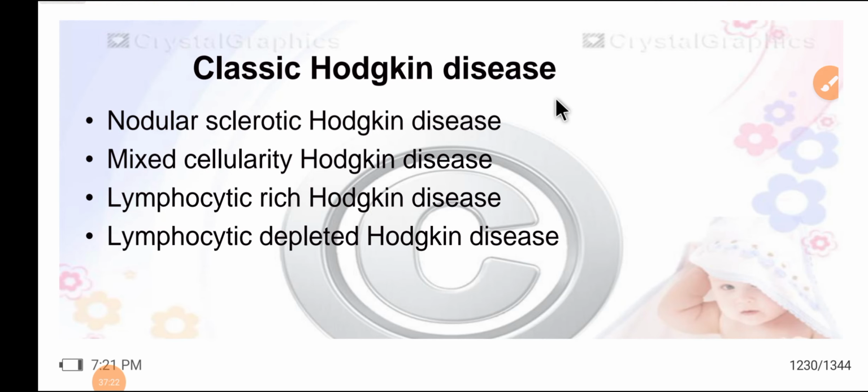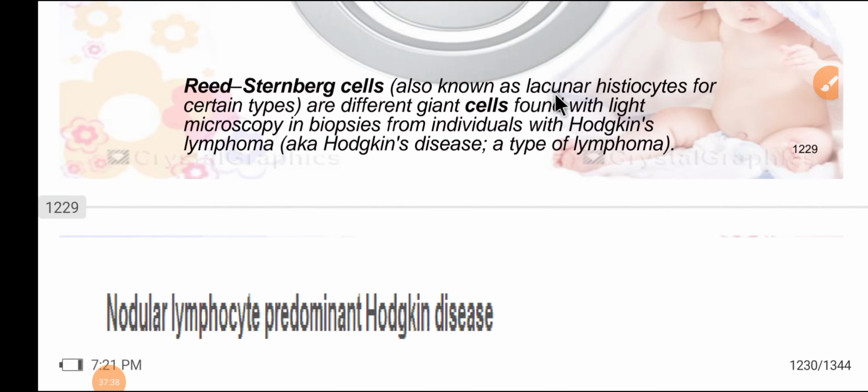Classic Hodgkin disease includes nodular sclerotic Hodgkin disease, mixed cellularity Hodgkin disease, lymphocyte-rich Hodgkin disease, and lymphocyte-depleted Hodgkin disease.